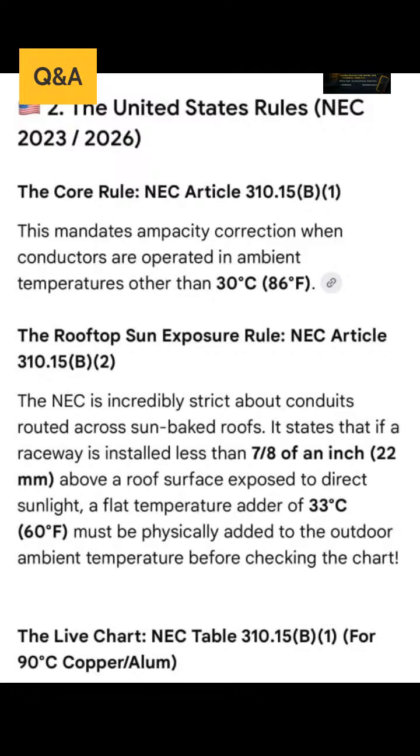It states that if a raceway is installed less than 7/8 of an inch above a roof surface exposed to direct sunlight, a temperature adder of 33 degrees Celsius, or 60 degrees Fahrenheit, must be added to the outdoor ambient temperature before checking the chart.